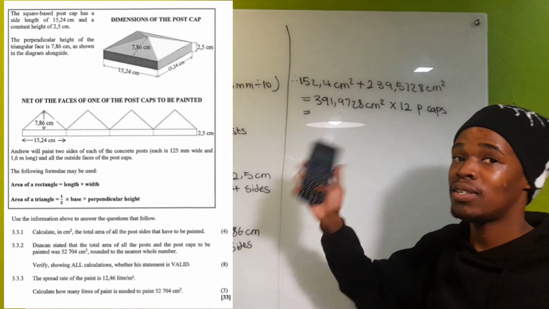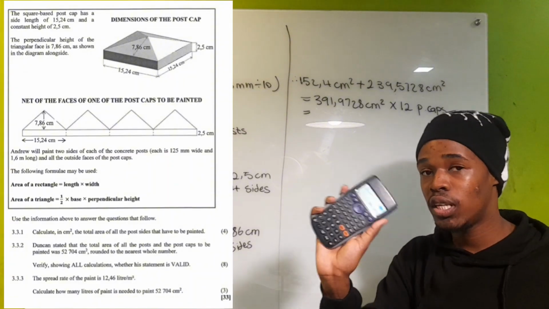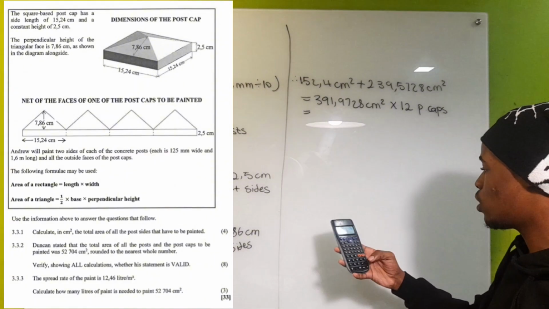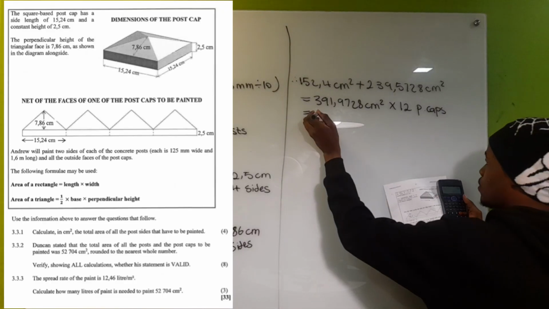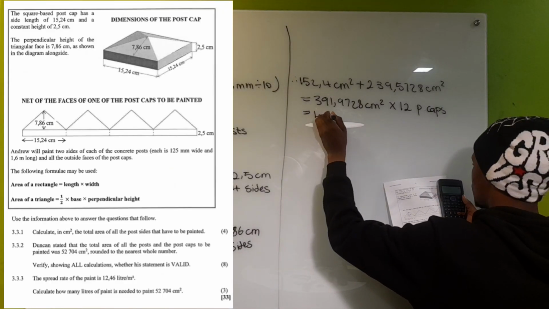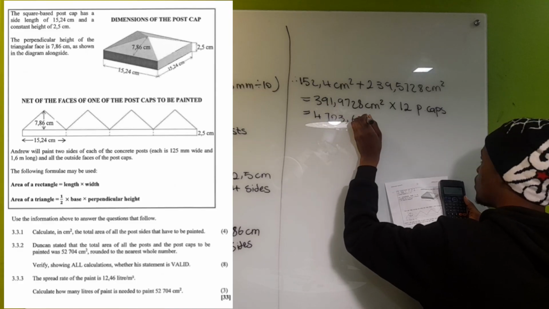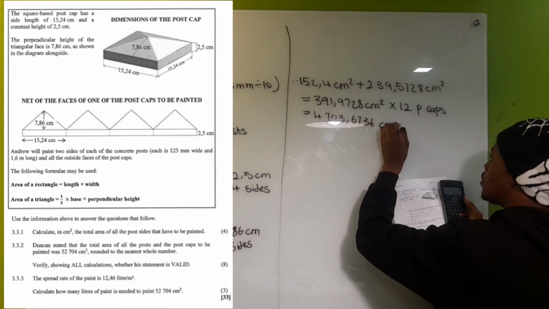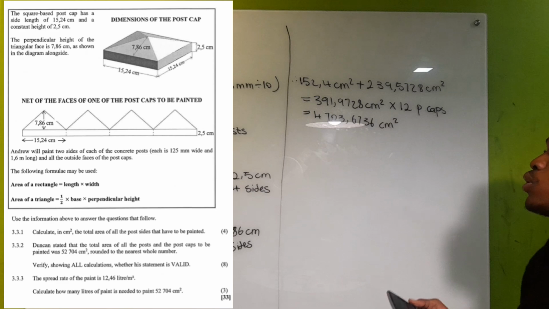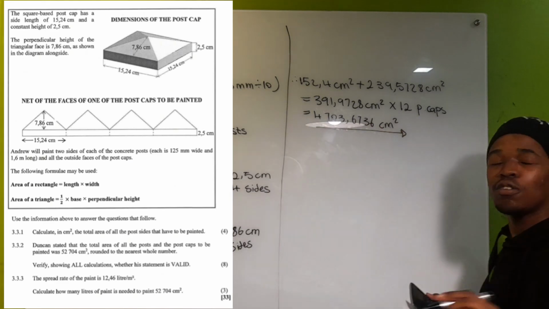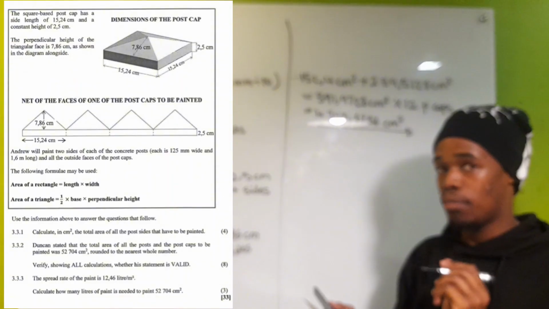Just write it as it is, more importantly on the calculator. So answer multiplied by 12 gives us a total of 4,703.6736 centimeters squared.